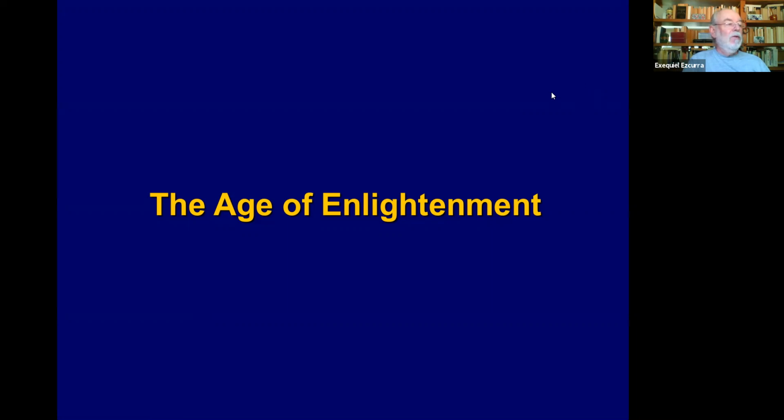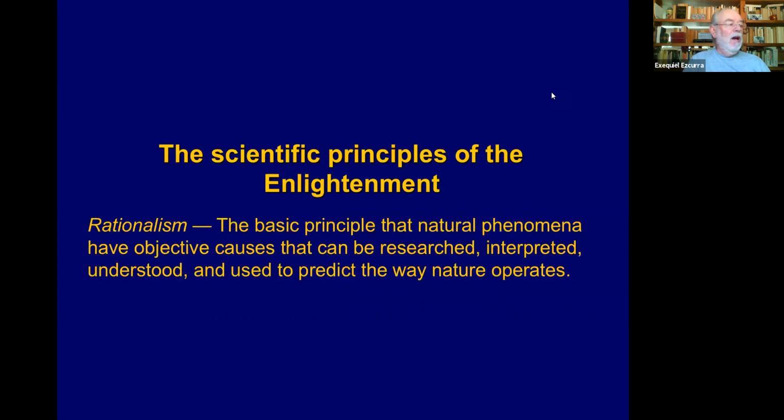It was a period around the world where suddenly science was taken seriously, and rationalism, the basic principle that natural phenomena have objective causes that can be researched, interpreted, understood and used to predict the way nature operates, became the predominant way to understand life and nature in the world.